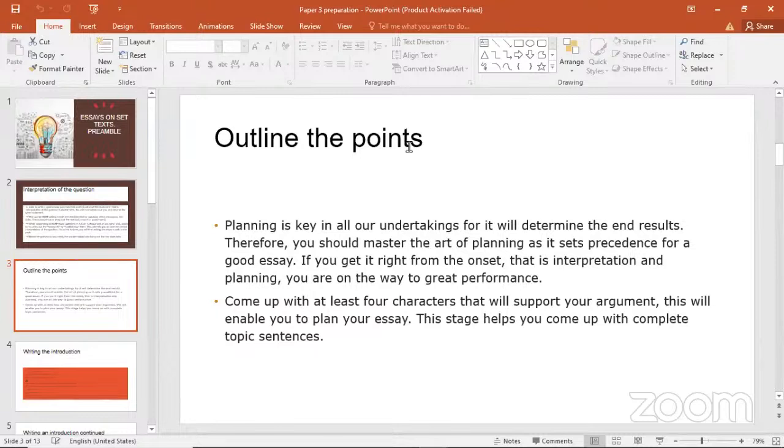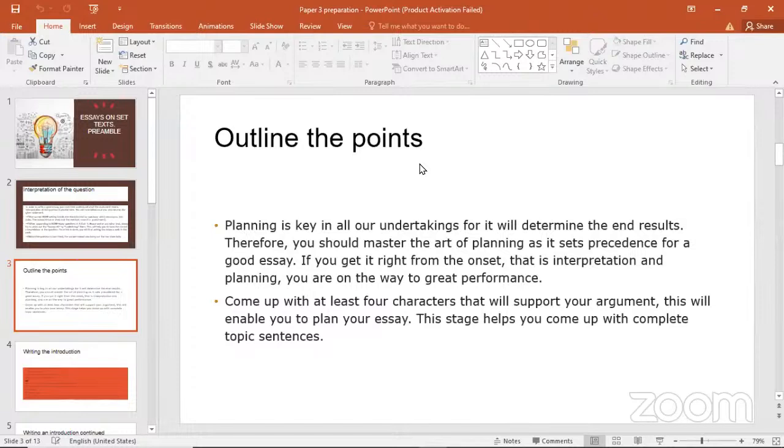Take at least 15 minutes to prepare, because if you prepare well, everything else falls in place. So before you even start writing on your paper, these are the first things you do. So you've understood the question, you've interpreted it the correct way. Now you go to outlining the points, which are pegged on what you interpreted.